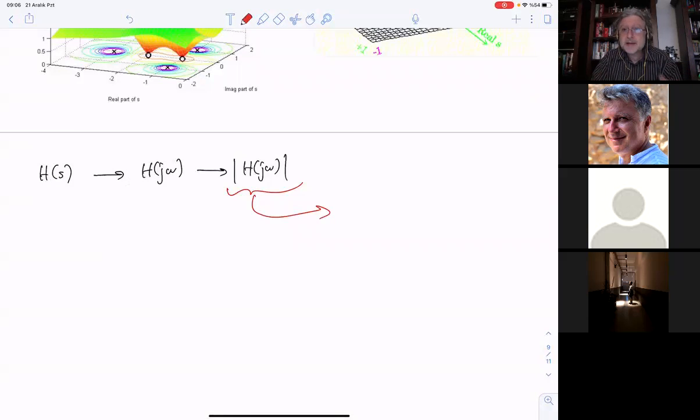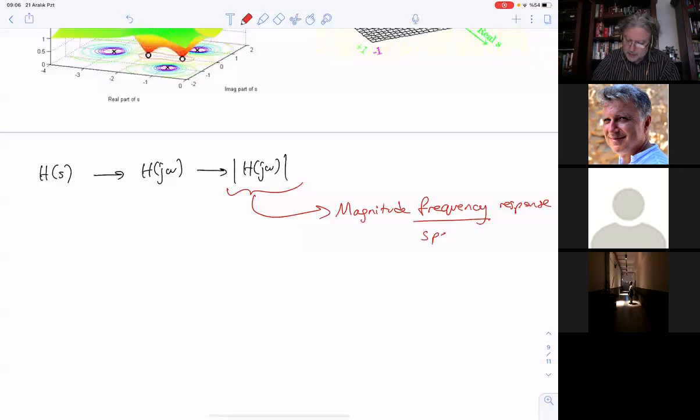Is it a low pass filter, a high pass, band pass, etc.? So this is the magnitude frequency response. You may substitute the term frequency with spectral. So magnitude spectral response or magnitude frequency response, that is the magnitude of H of j omega, which we will try to obtain from H of s.